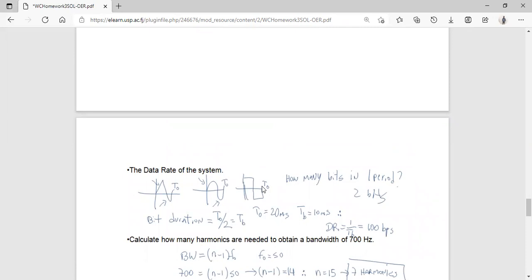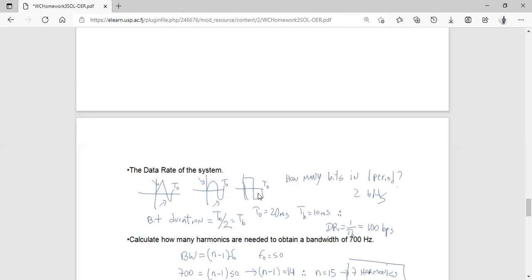So what happens in this particular case? A period is one whole cycle, and we need to know the data rate. Whenever we are dealing with digital data, we are dealing with square waves.